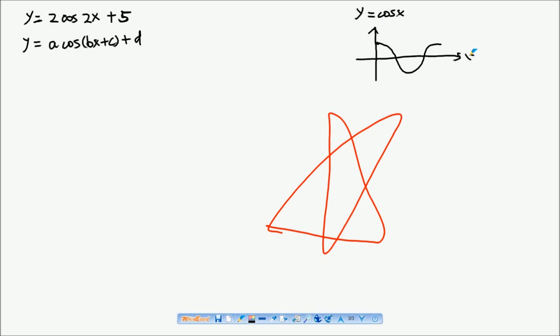This is your x, this is your y, this is 2 pi, here we have pi on 2 at this point, and 3 pi on 2 for this intercept, and the maximum point is 1, the minimum point is minus 1.